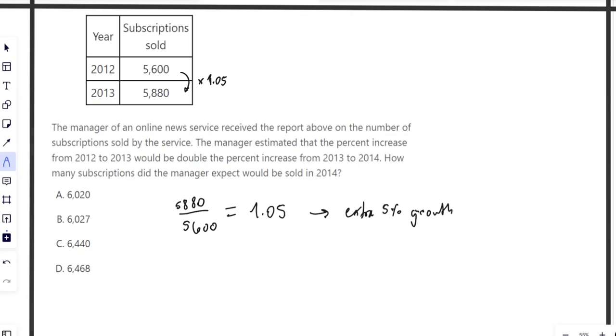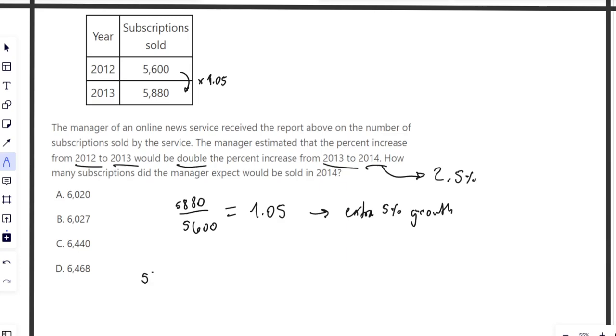Now, right here we see the increase from 2013 to 2014 is going to be different. Actually, from 2012 to 2013, we expect this increase to be double the increase from 2013 to 2014. That means this increase must be only 2.5%, since this one is double that.